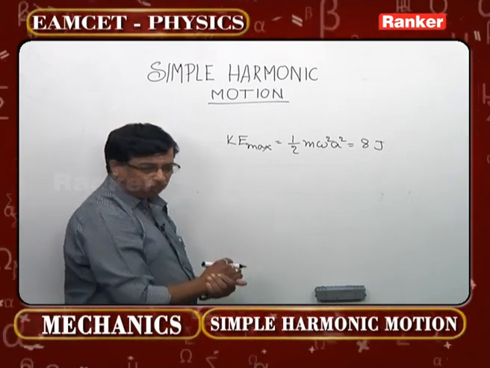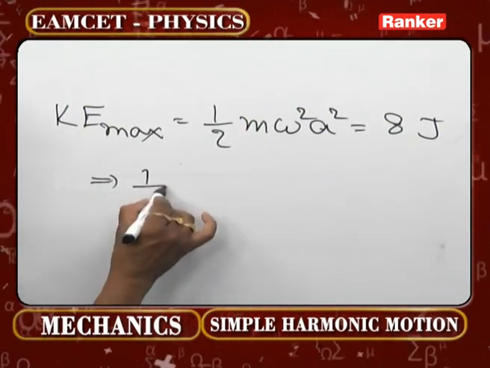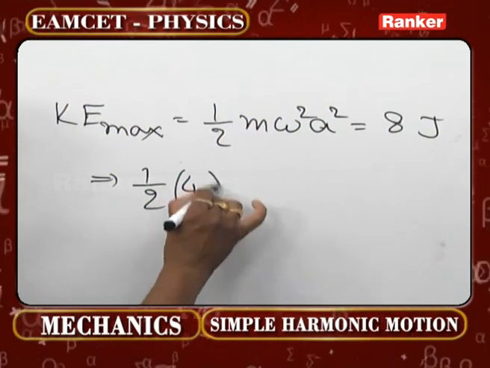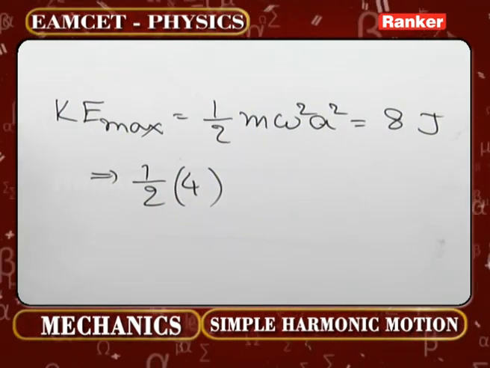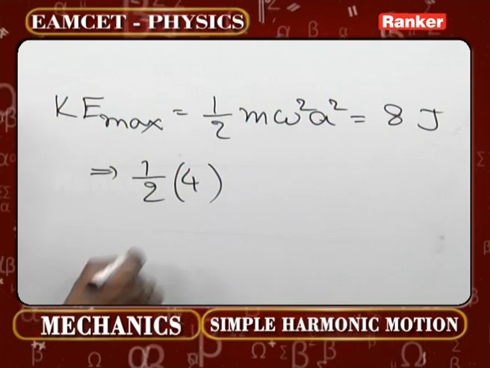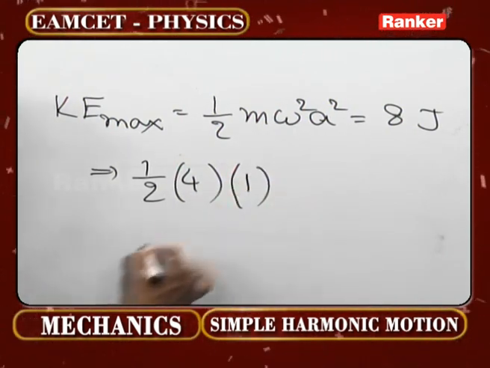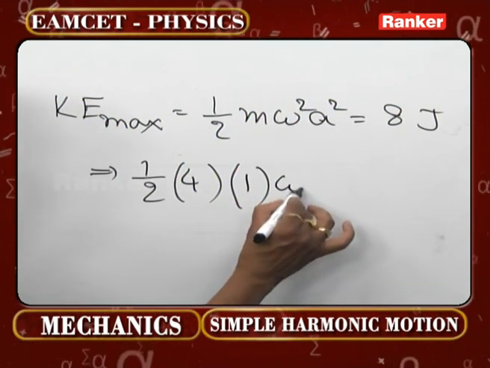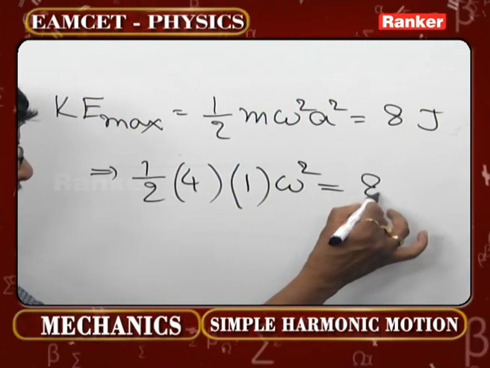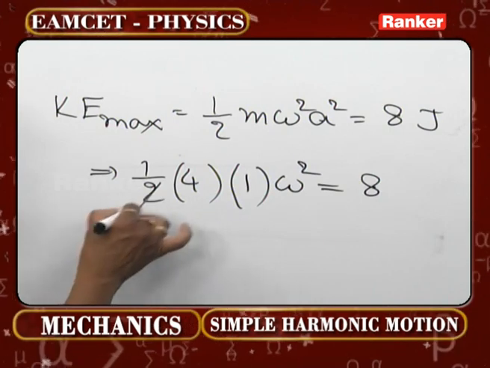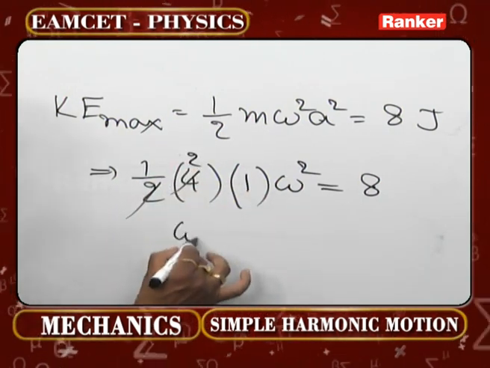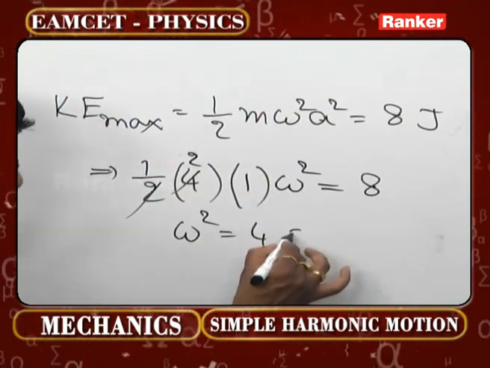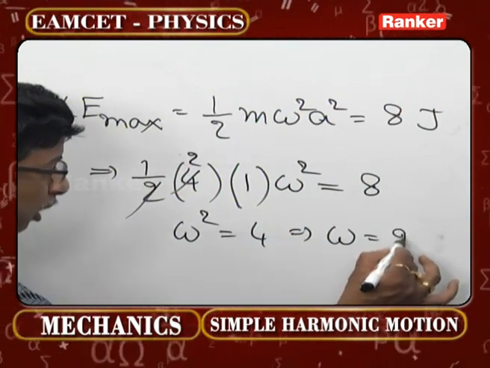Now what are the other values given? You see there, half, mass is given 4 kg. And what is the value of amplitude that is given over here? Amplitude is given 1 meter. Amplitude square becomes 1 meter square, so 1 into omega square is going to be 8. Now of course this goes twice. So omega square now becomes 4 and omega automatically becomes 2.